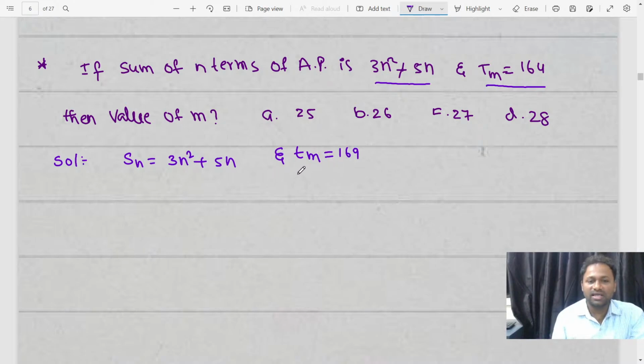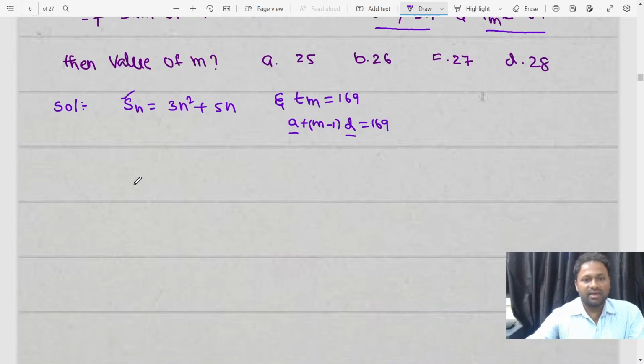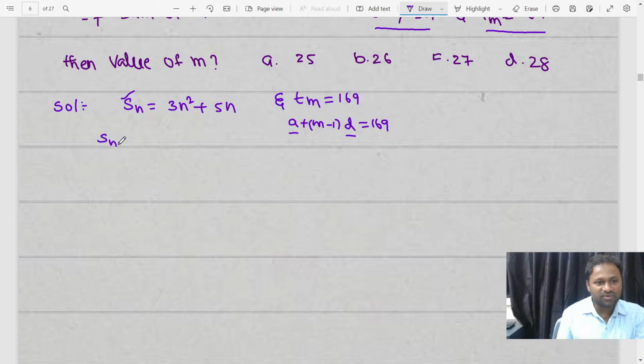What is the formula for Tm? A plus m minus 1 into D is equal to 169. Here I don't know A as well as I don't know D. Okay, I will find A and D by using this Sn. Right? See how to find A and D. In this Sn we have, from this I can find Sn minus 1.